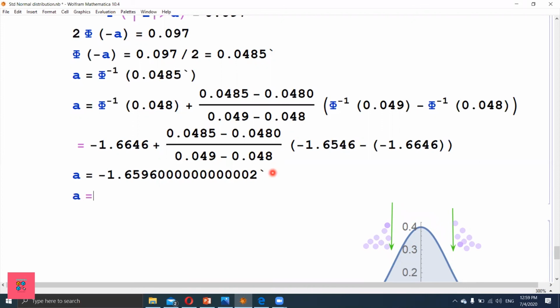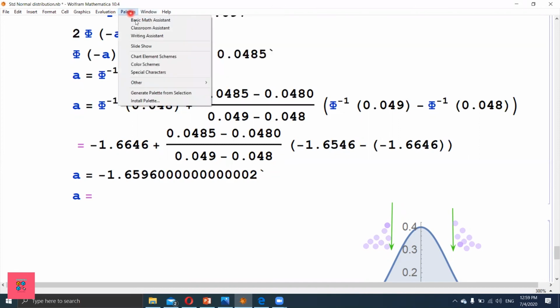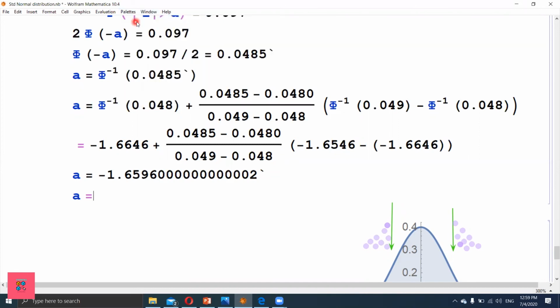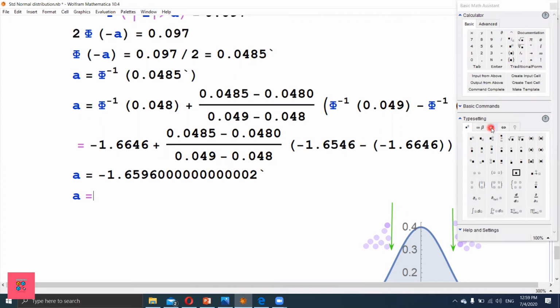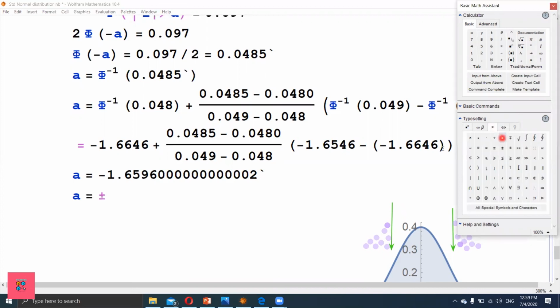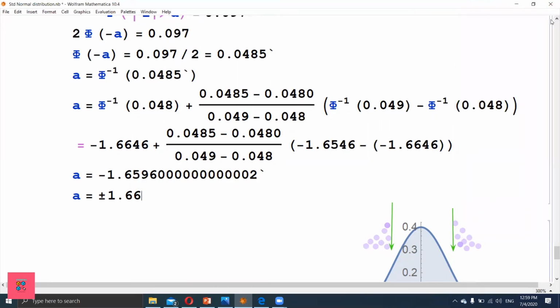So A would be plus minus 1.66. This is our answer for the fourth part of the question.